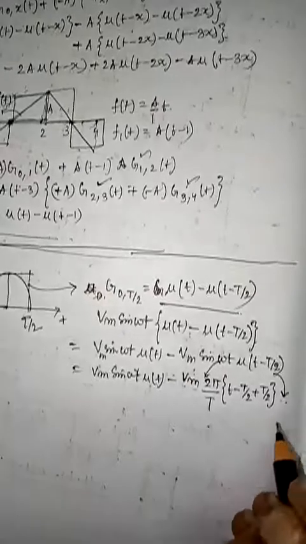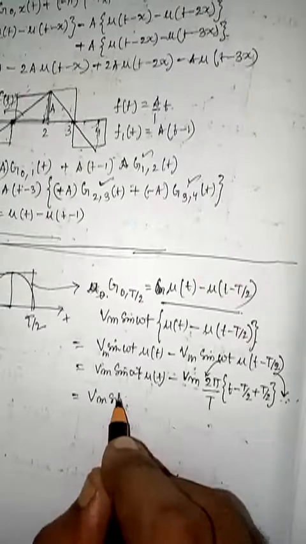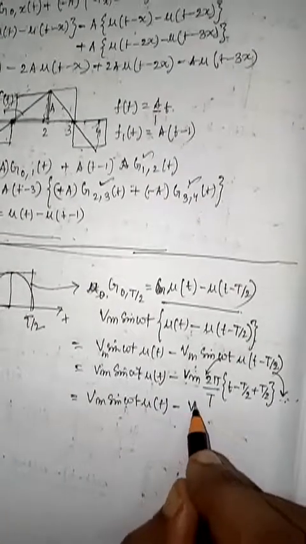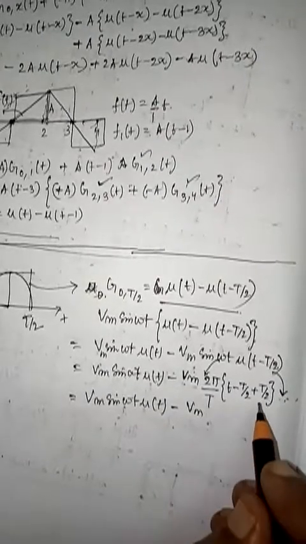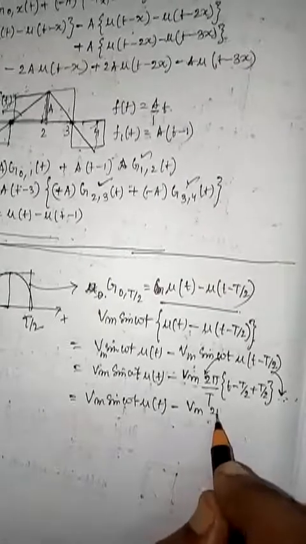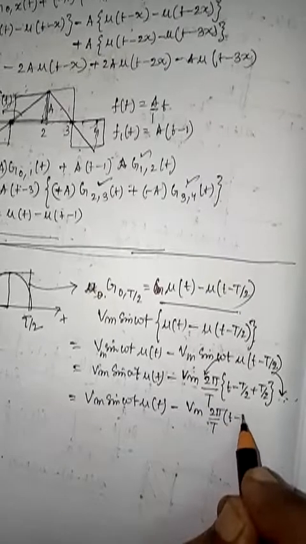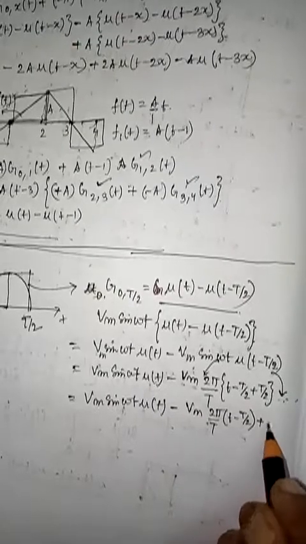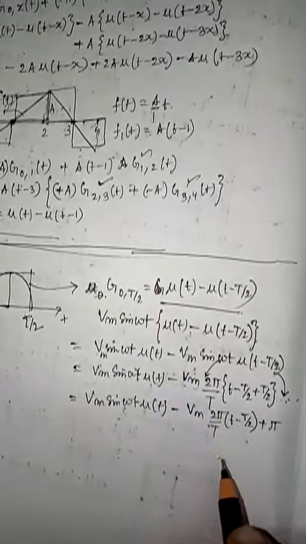So finally it is Vm sine of omega t u(t) minus Vm sine of 2 pi by T into (t minus T by 2) plus pi, if you multiply that entire factor.